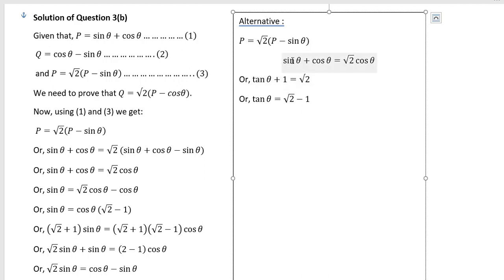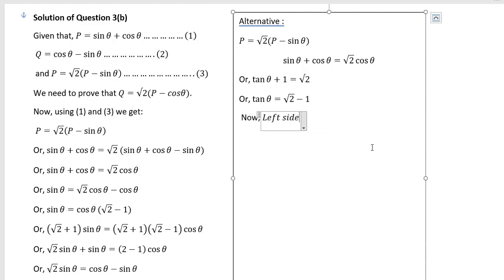Here we have two different terms, sin theta and cos theta, and now we have converted it like this. We now have only one term, tan theta. So if I can express this using tan theta at the q, it must give me the right side. So now we will start from the left side.